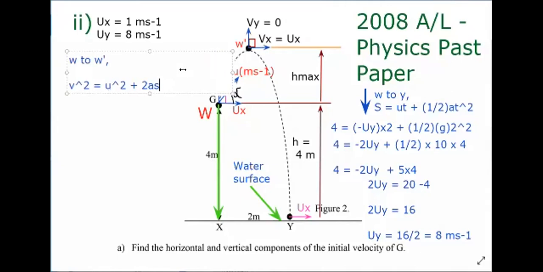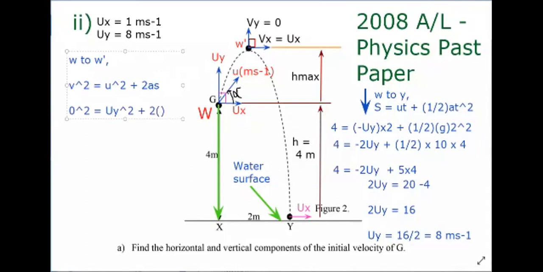At the maximum height, I'm applying this equation vertically. At the maximum height, the vertical velocity component is 0. Therefore, V is 0. So 0 square equals the initial vertical velocity component Uy, and we have to get the square of it, power 2.